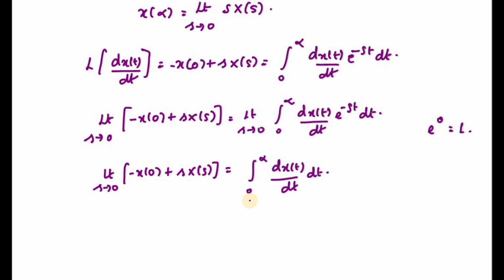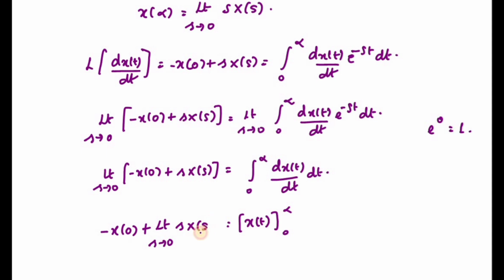On solving, I will get only x of t, from 0 to infinity. Here minus x of 0, I can take it common, and plus limit s tends to 0 of s into x of s.